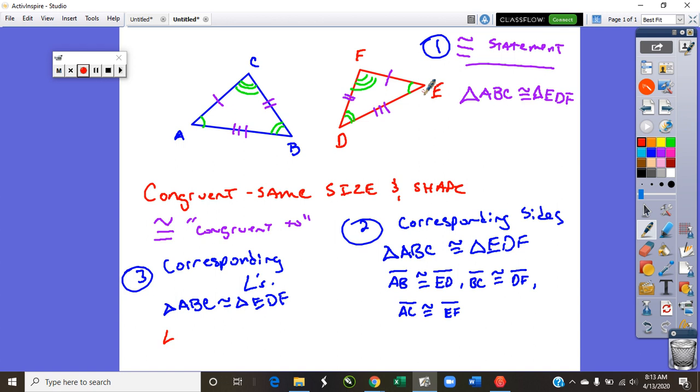A. What does it correspond to? E. So for corresponding angles, angle A is congruent to angle E. Angle B is congruent to angle D. And the last one, angle C is congruent to angle F.